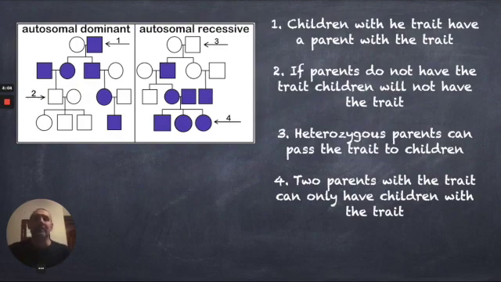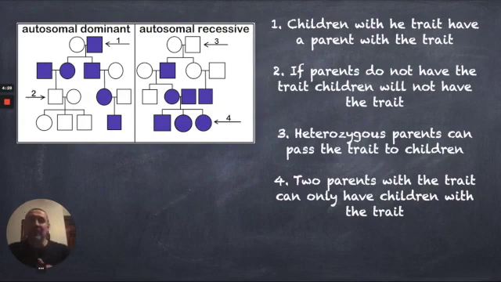All right, so if the pedigree is autosomal dominant, here are two clues to look for. Clues 1 and 2. So if it's autosomal dominant, so that means it's on chromosomes 1 through 22, children with the trait will have a parent with the trait. Or if the parent does not have the trait, the children will not have the trait.